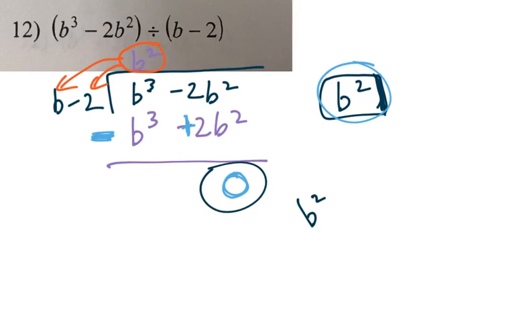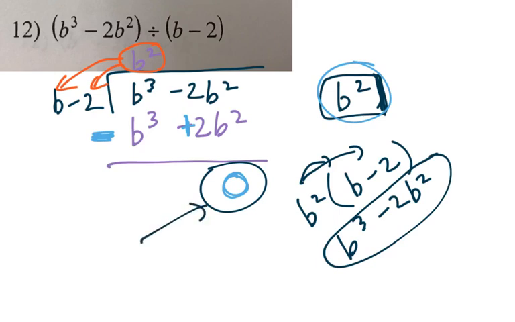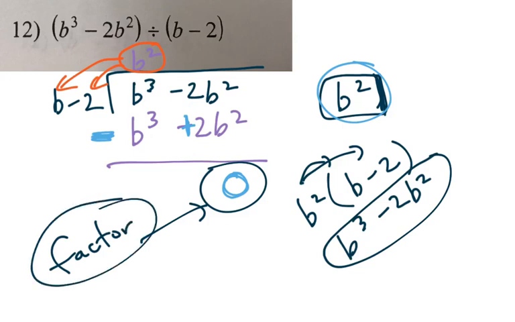Since I got a 0 remainder, if I took b squared times b minus 2, would I not get b cubed minus 2b squared? So a 0 remainder, guys, you have to remember, basically tells you that you have a perfect factor, as we call it. You actually basically have a root or solution to the problem.